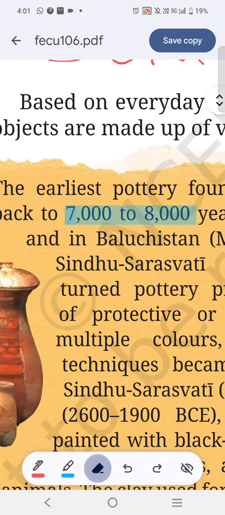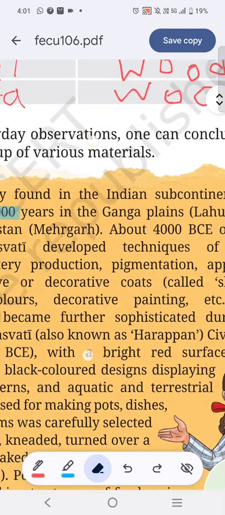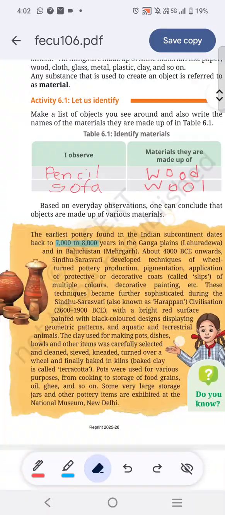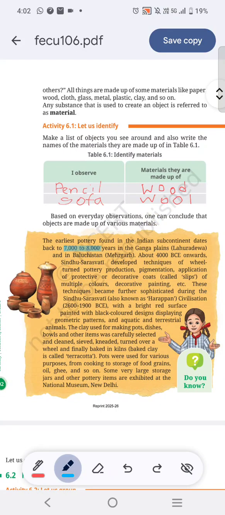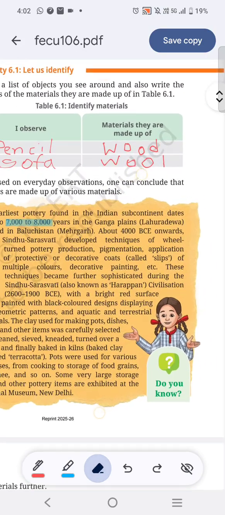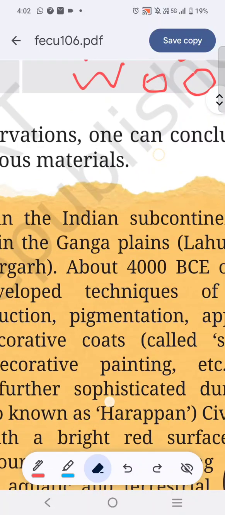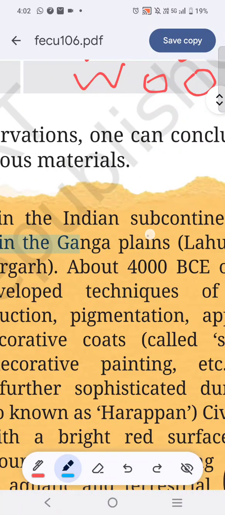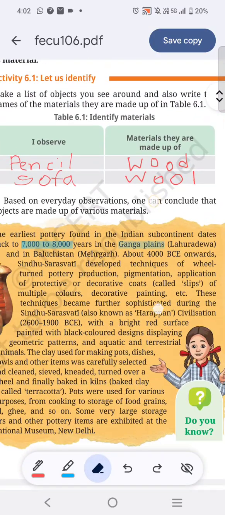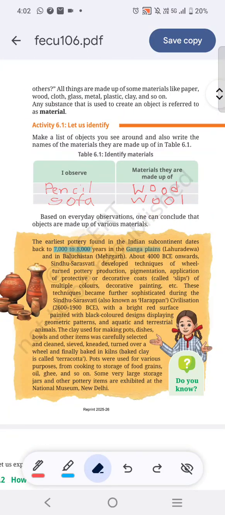Okay, let's go on to the next one. It was in the Ganga plains. This was found in the Ganga plains. Highlight this as well. So basically, the first pottery was found 7,000 to 8,000 years ago in the Ganga plains, which is also called Lahuradeva, and in Balochistan.